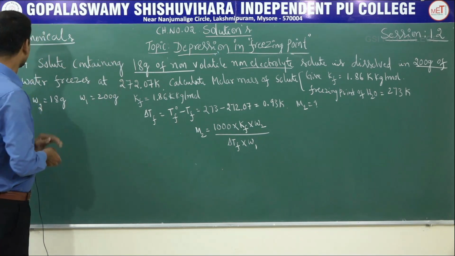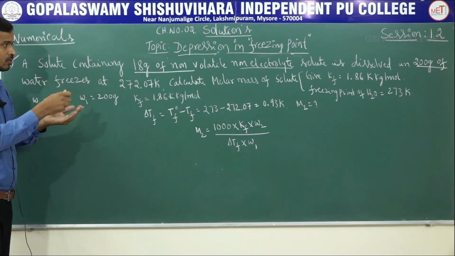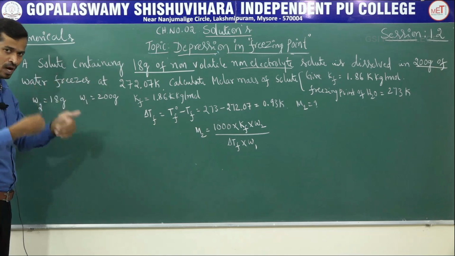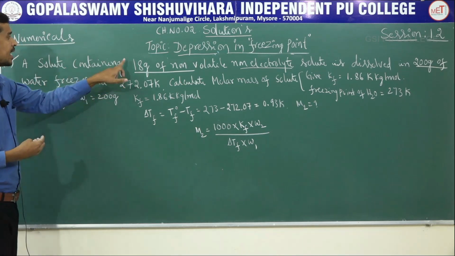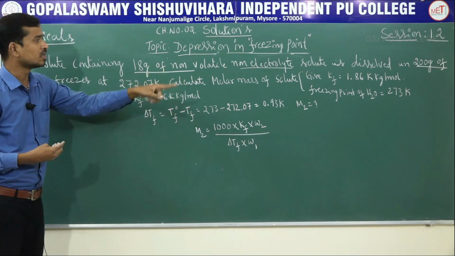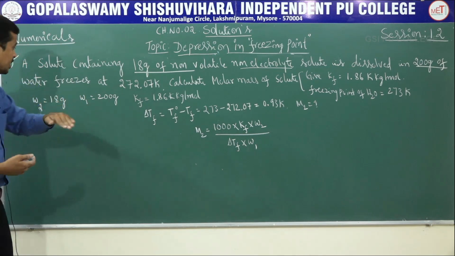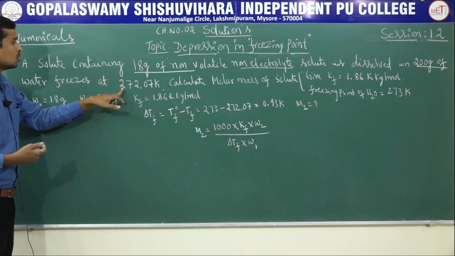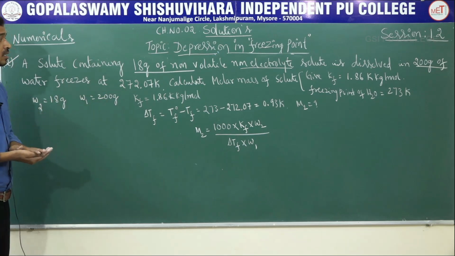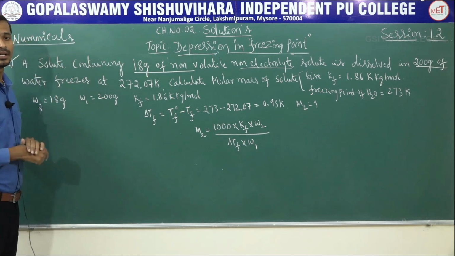Clear? After adding 18 gram of non-electrolyte and non-volatile solute to 200 gram of water, the freezing point decreases to 272.07 Kelvin. You have to calculate the molar mass of that non-volatile solute.